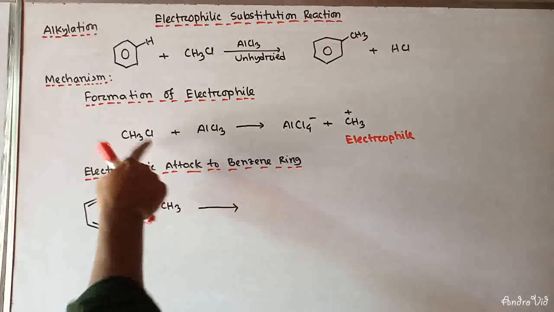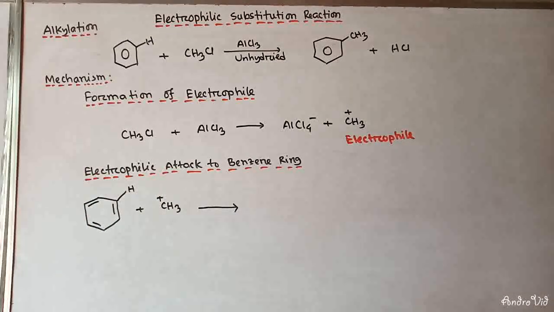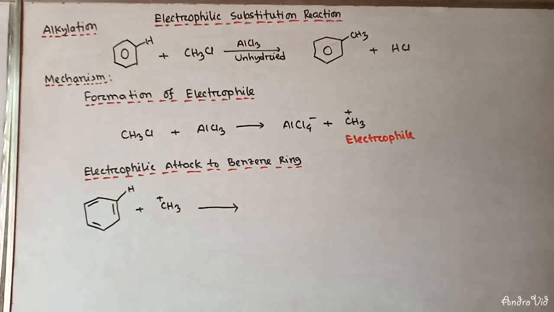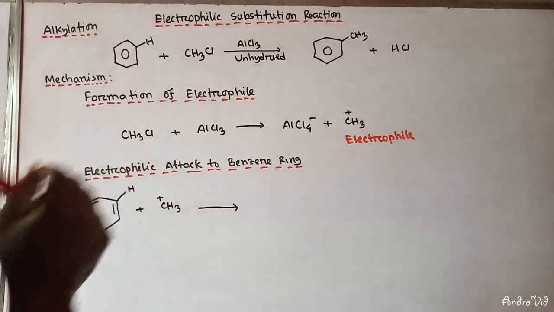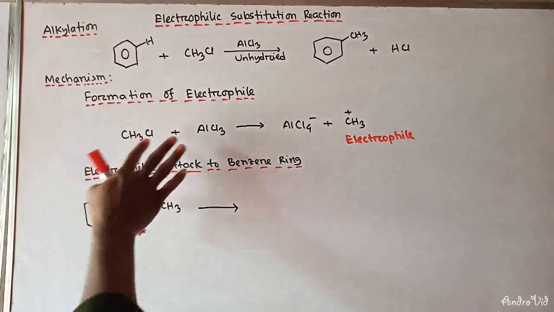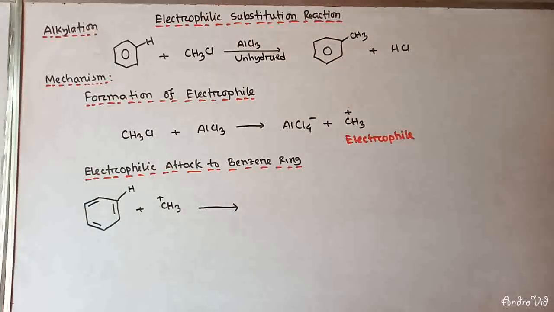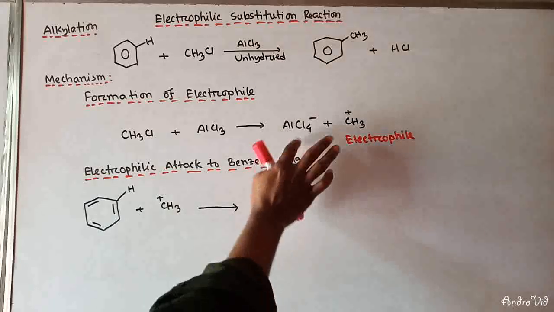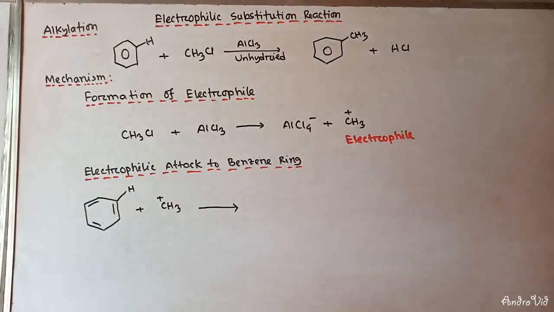This Cl minus, as a ligand, donates a lone pair of electrons to AlCl3, and in this way a coordination bond forms between AlCl3 and the chloride ion, producing the AlCl4 minus ion.